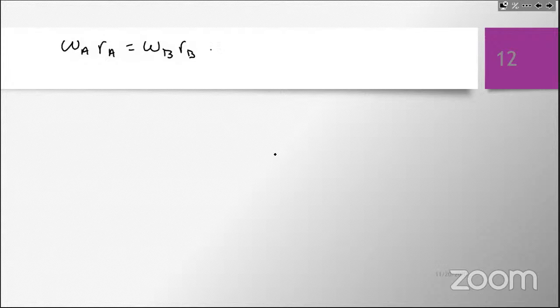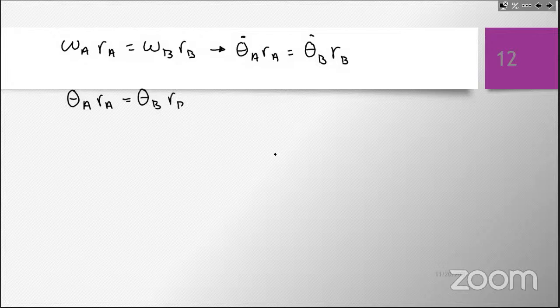Well, isn't this just this? That's the time derivative. So if I take the integral of velocity, I should get position. So let's do that. I'll end up with theta A, well, R_A is a constant, and R_B is a constant.